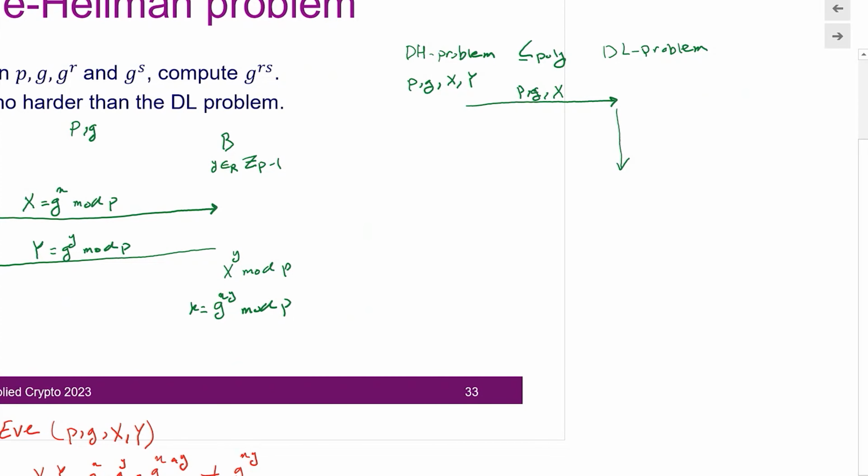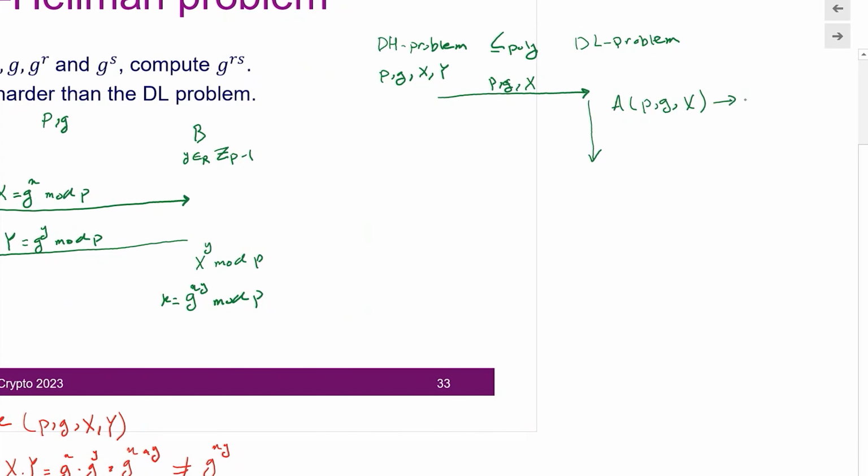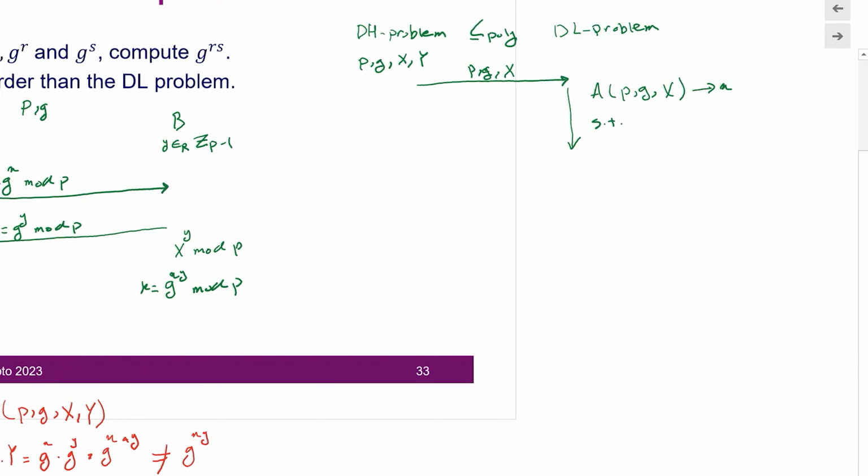Suppose there is an efficient algorithm A that, given P, G, and capital X, can output small x such that capital X equals G to the small x mod P, right? So it computes exactly the exponent that you're looking for. That means that it can solve the discrete logarithm problem.